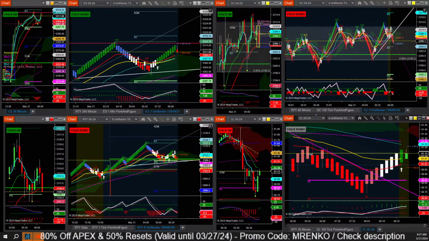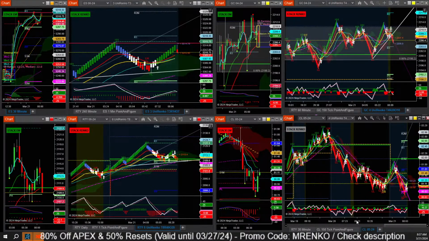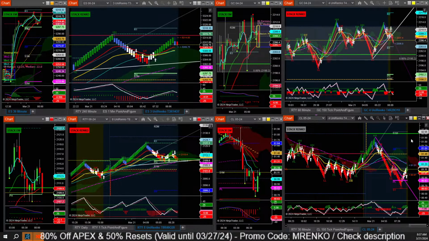I'm trying to look for a trend in crude, and the only thing I see here is that we are continuing within the bull flag. But we're making lower highs and lower lows.